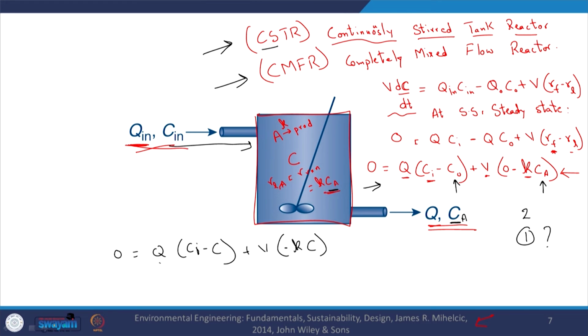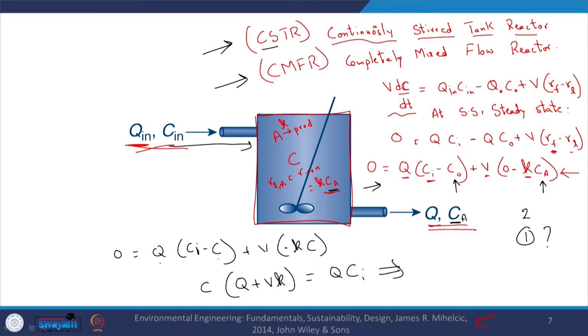I will take this term and this term to the left hand side. So, what will I have out here? Taking C as a common term, I will have Q plus volume into K, times C, is equal to Q into C in.